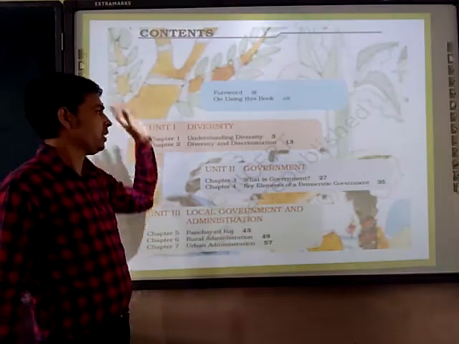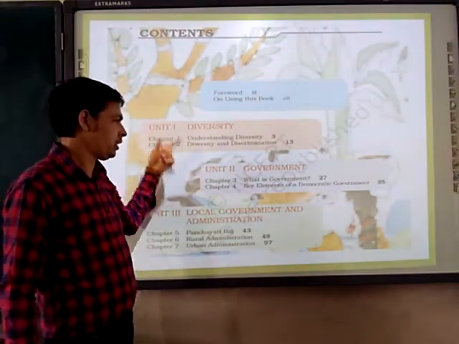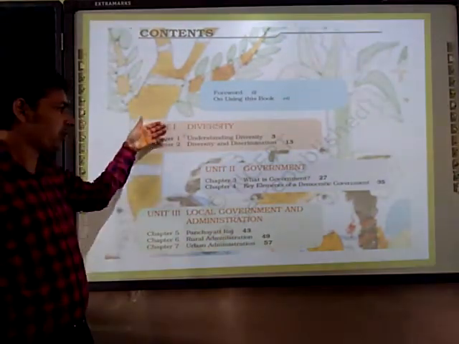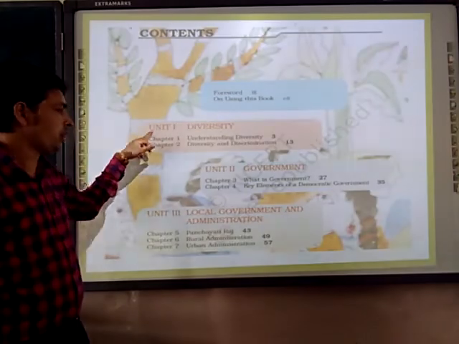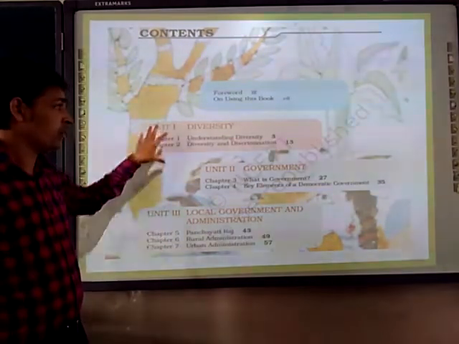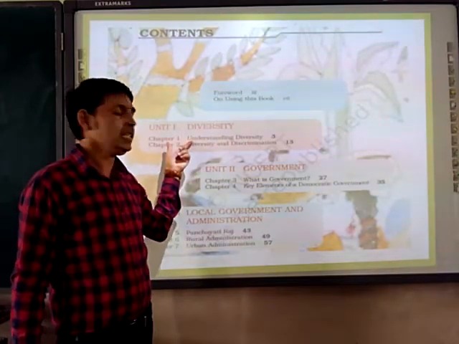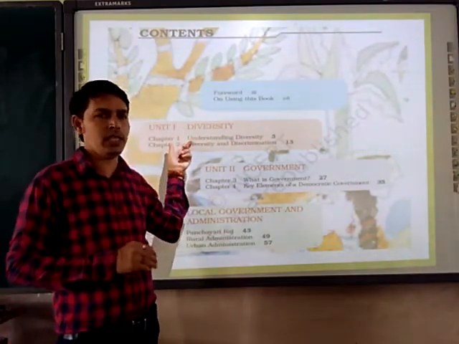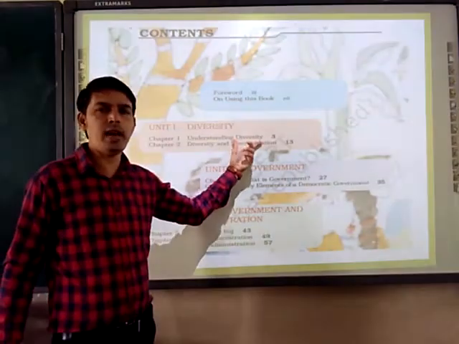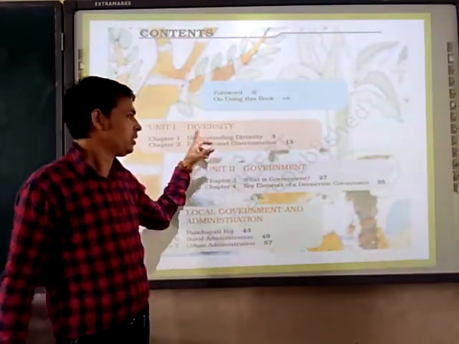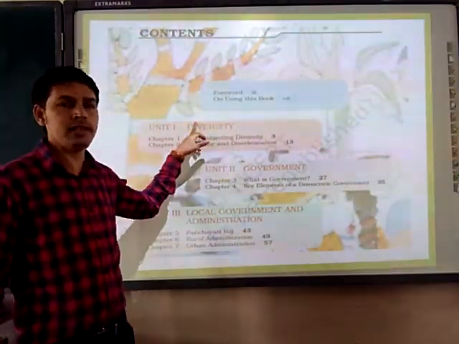This book is divided into first unit, second unit, third unit. In the first unit, we are going to see understanding diversity. We will see about the diversity in this particular segment. The name of the unit is Diversity.